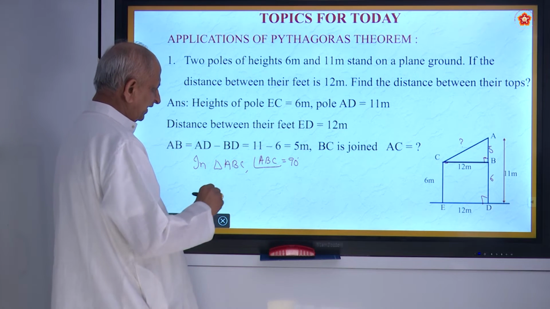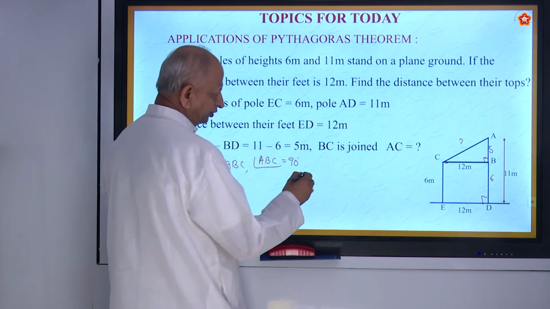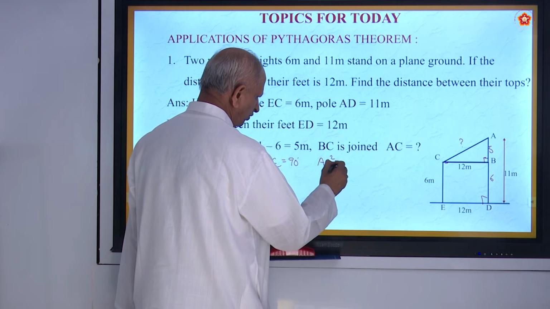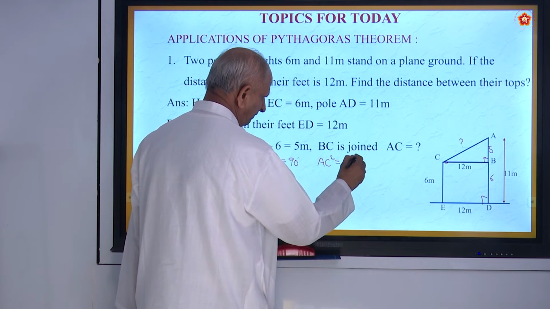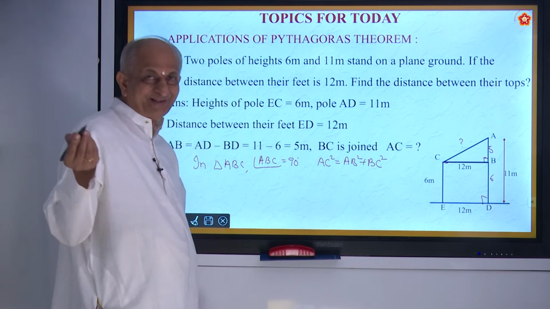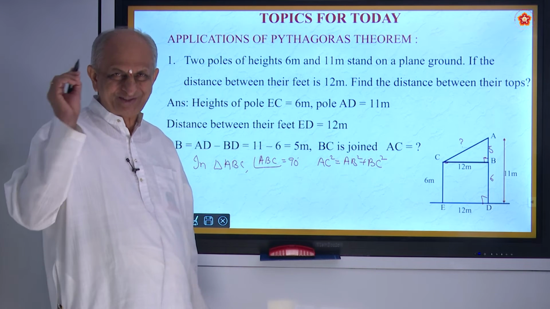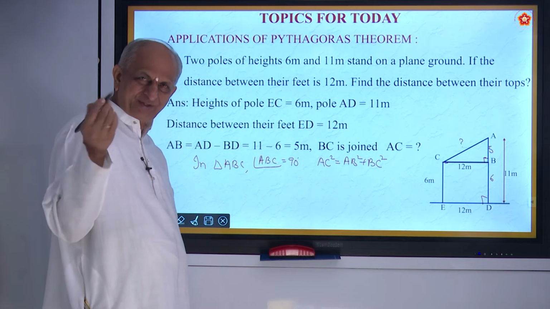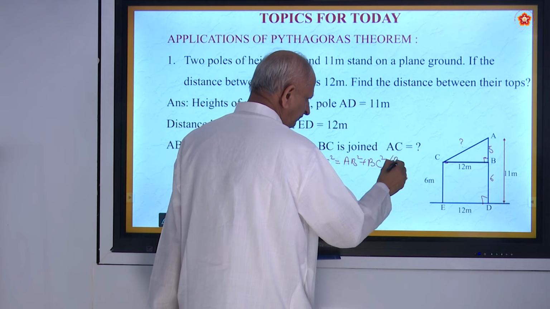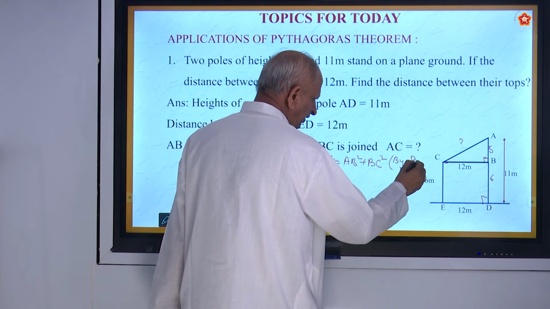And then you get a right angle triangle. So you have AC square is equal to AB square plus BC square. You can give other names also. There is no rule that you should take only ABC. PQR you can take, KLM you can take. So this is by Pythagoras theorem.